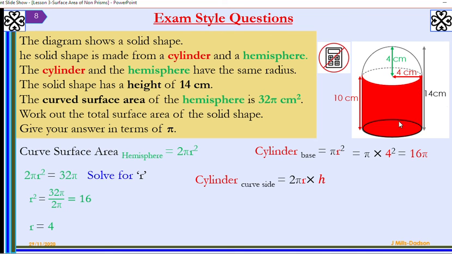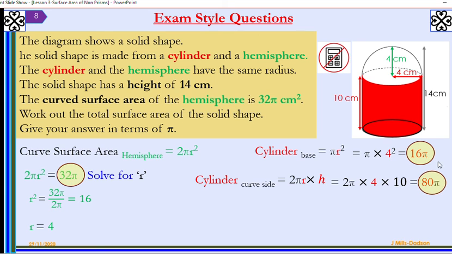Height is 10. Putting 4 as the radius in the formula, you're going to have 2 pi times 4 times 10, which is 80 pi. Remember, we are not working out the top circle because it's hidden. We don't need that.